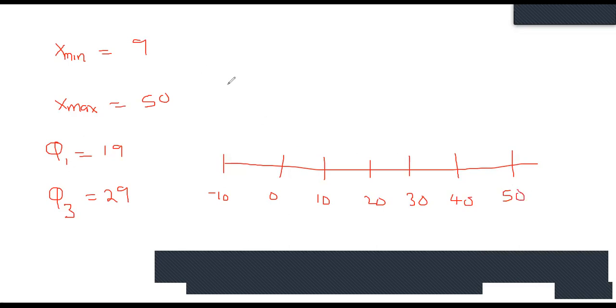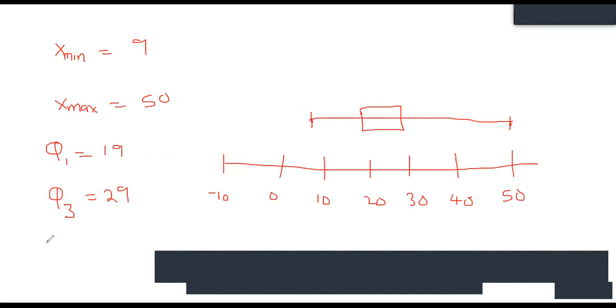Then you draw your number line. So the minimum value is at 9, you put your 9 there. Maximum value is at 50, 50 there. You draw your lines there. Okay, then the lower quartile is at 19. Put 19 there, and the upper quartile is 29, 29 there.